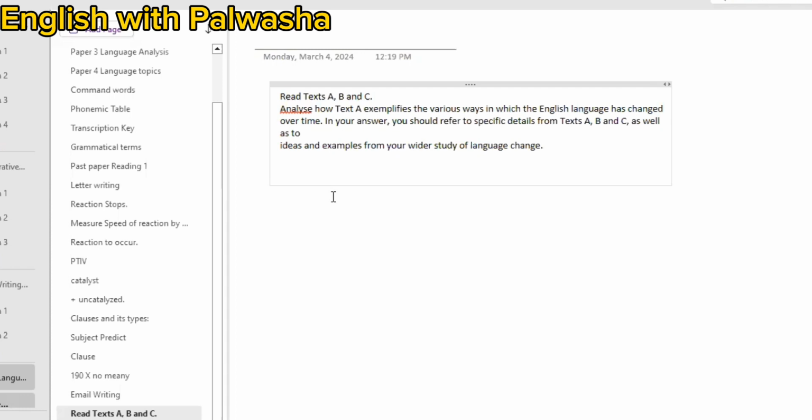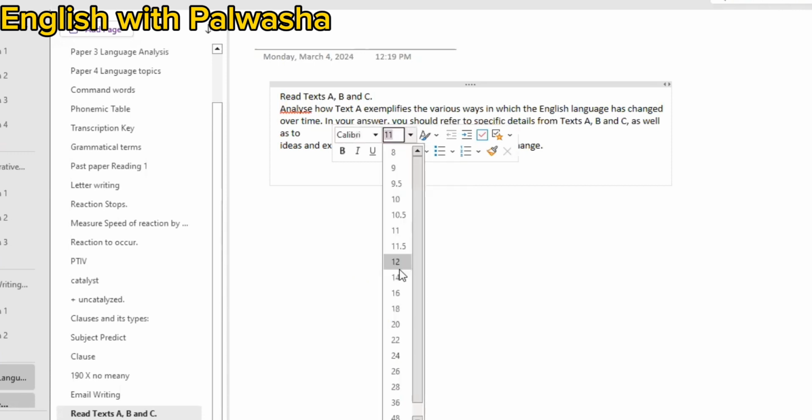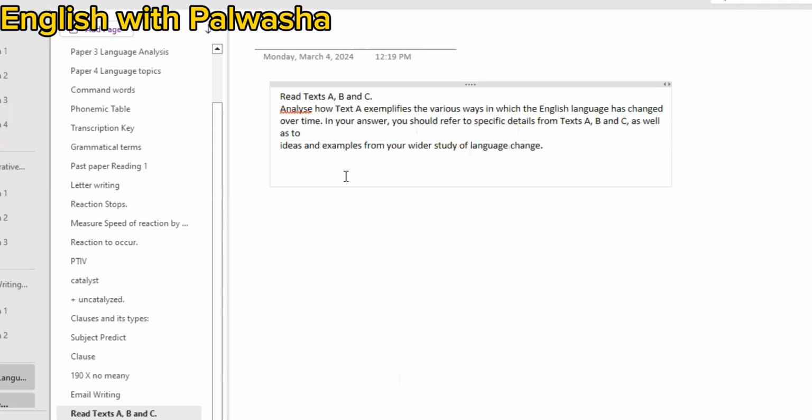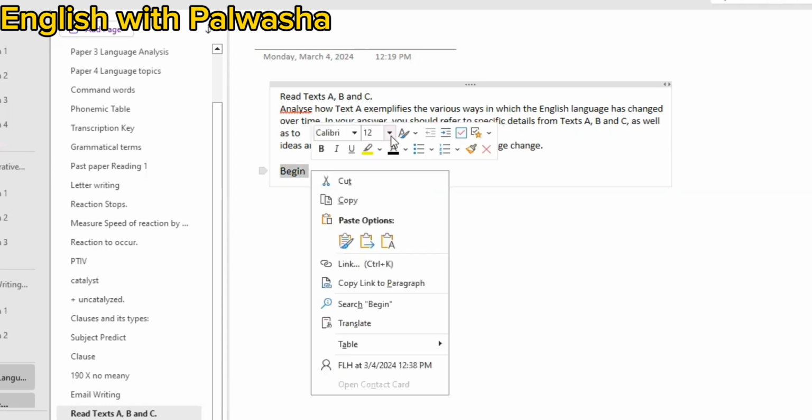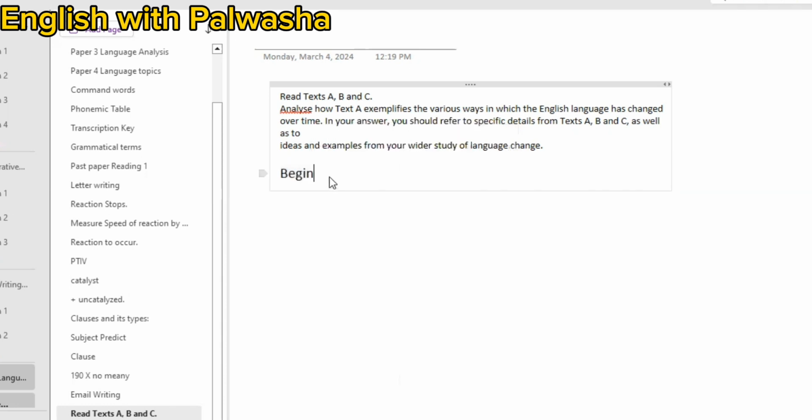All right. Okay, now just for example, what are we going to begin with? The very first is, let me just increase the text font, making it a bit clear for you. Okay, so first you have to begin with a succinct introduction.